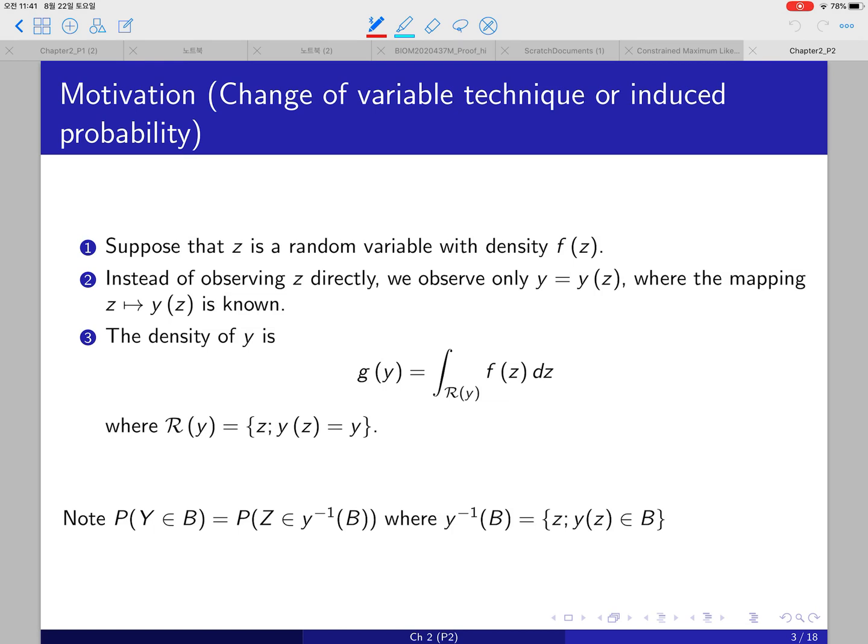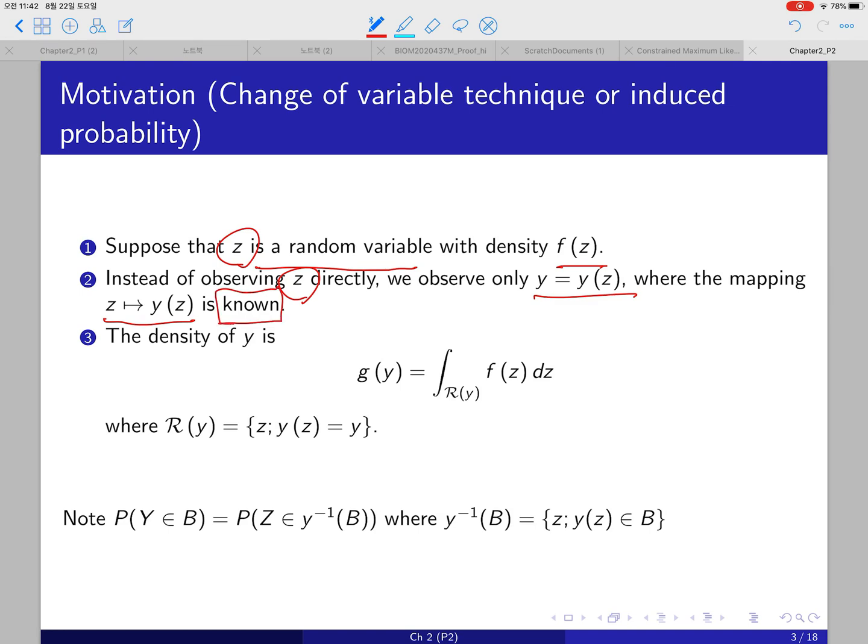To answer this question, we use the following change of variable type technique, which came from the induced probability concept. Suppose z is the original random variable with the known density function, and instead of observing z directly, we observe y, where the mapping z to y is known.